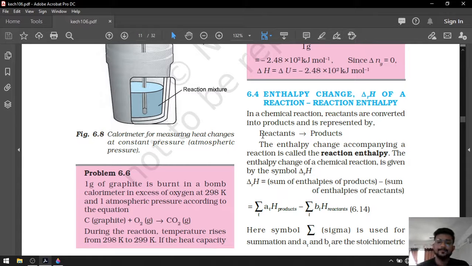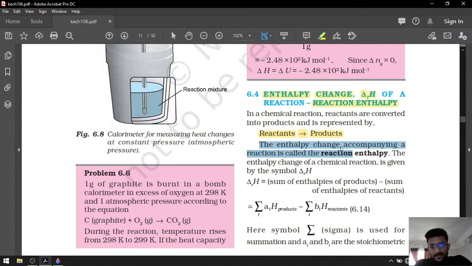In this lecture, we are going to discuss our next topic, which is enthalpy change, or you can say reaction enthalpy, which is symbolized by delta RH. In a chemical reaction, reactants are converted to products, a quite simple mechanism.